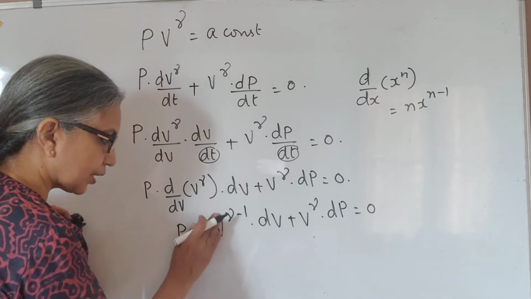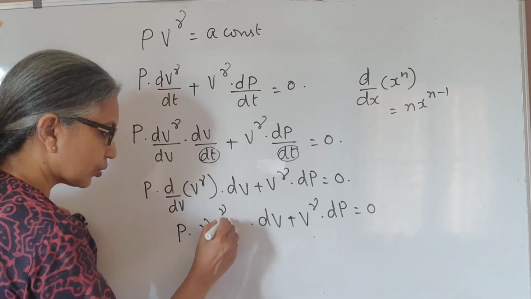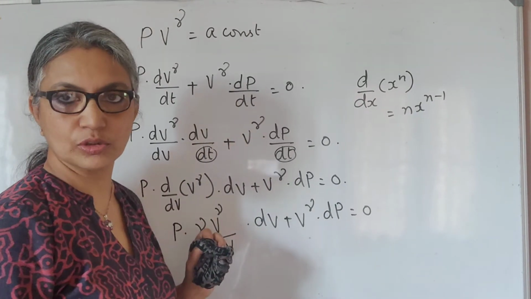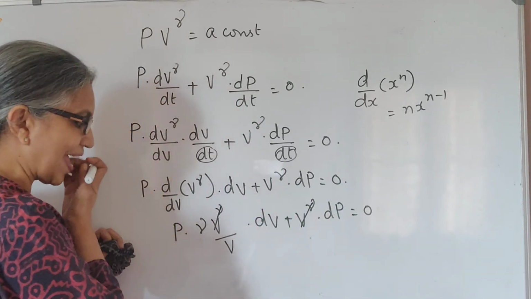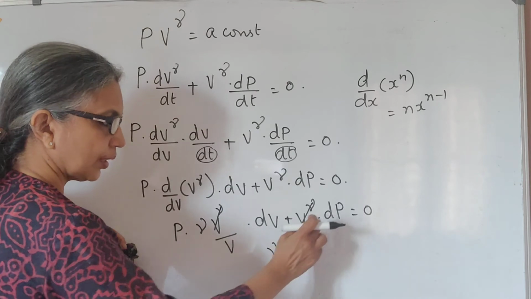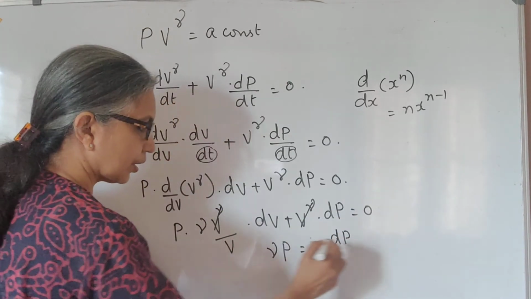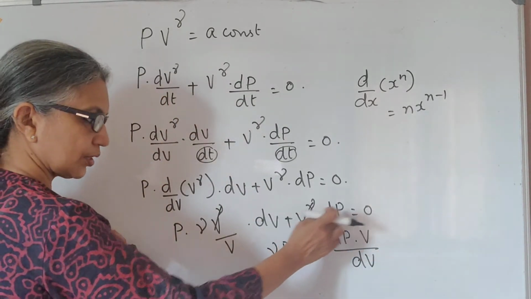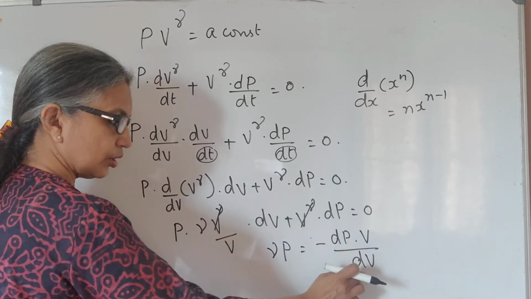V raised to gamma minus 1 can be written as V raised to gamma by V. So I may cancel the common terms, and I may write gamma P is equal to minus dP into V by dV, taking this to the right.